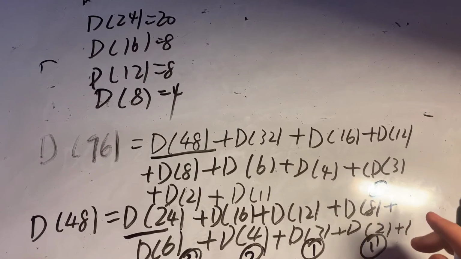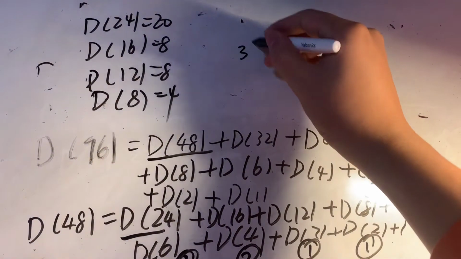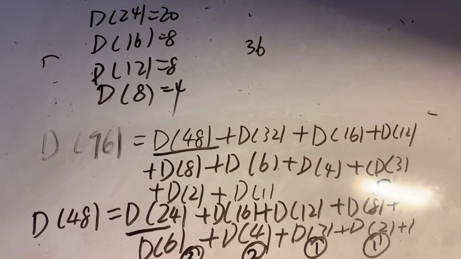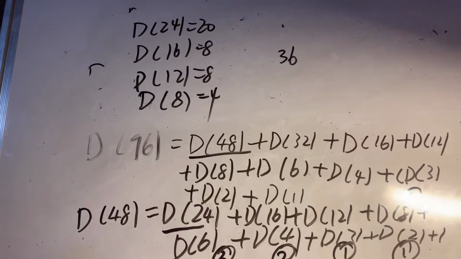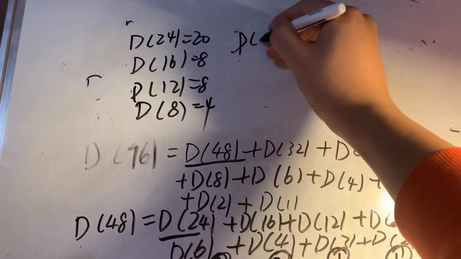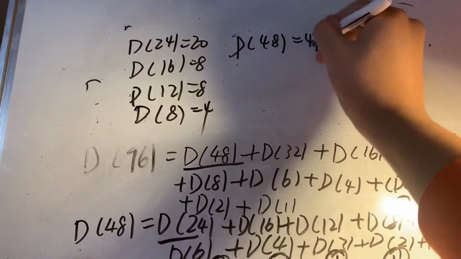So 20 plus 8 plus 8 plus d8, 4, which is 40, plus 6, 3. d48 is equal to 47.